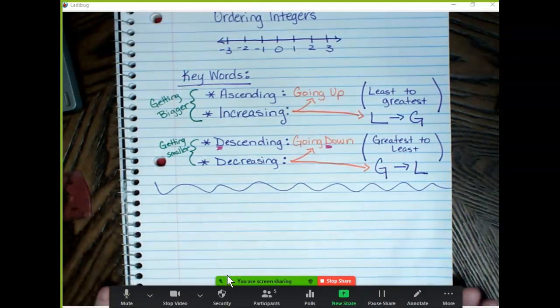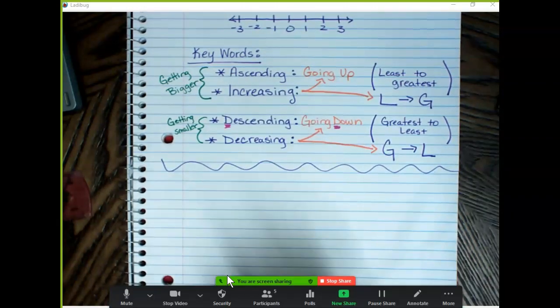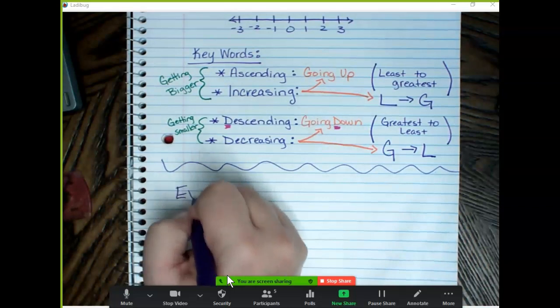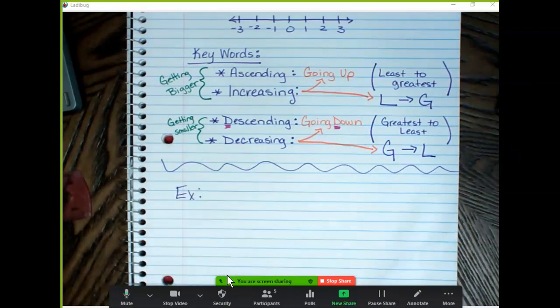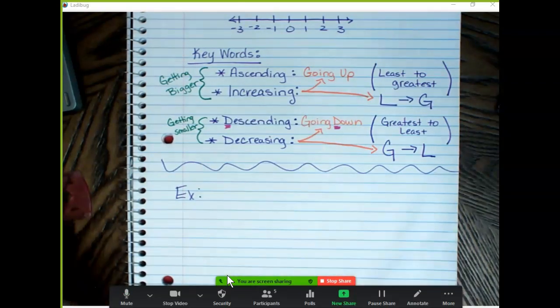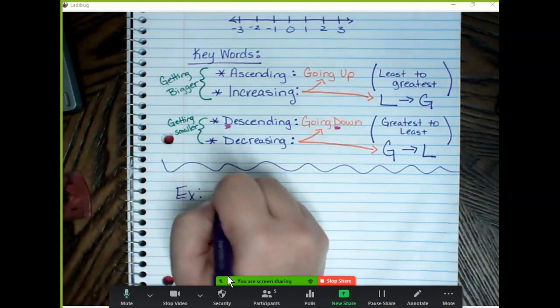Let's do an example, shall we? Here is my example. I'm going to give you a set of numbers, and they're just going to be in any random order. Can we write that down? Please. These are our guided notes. Our first number is -7.